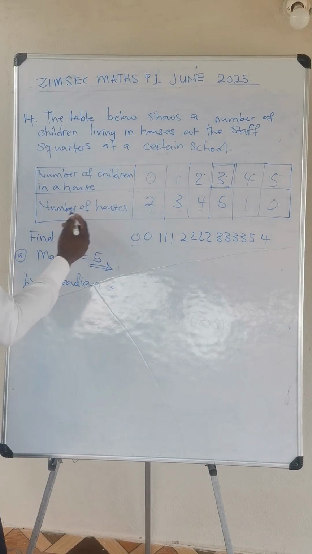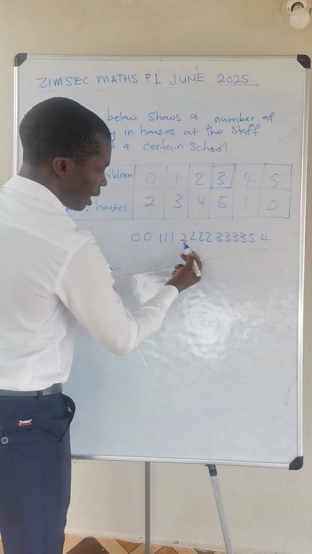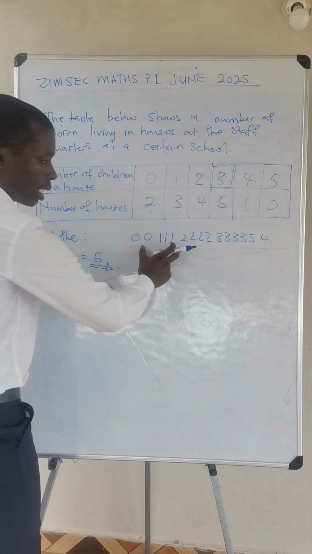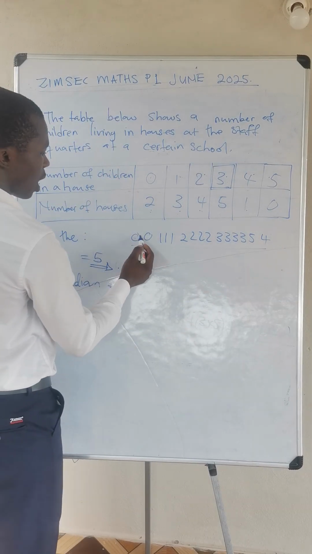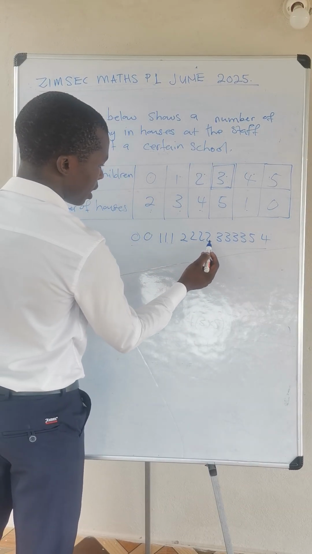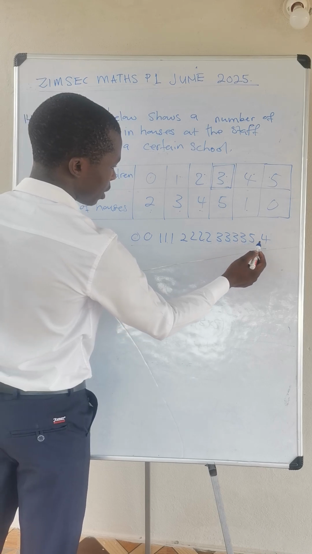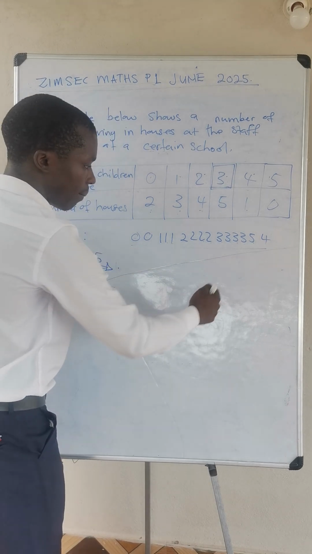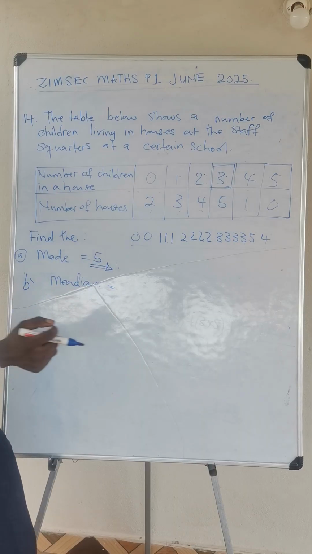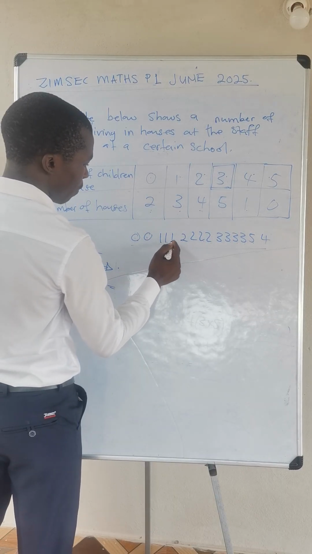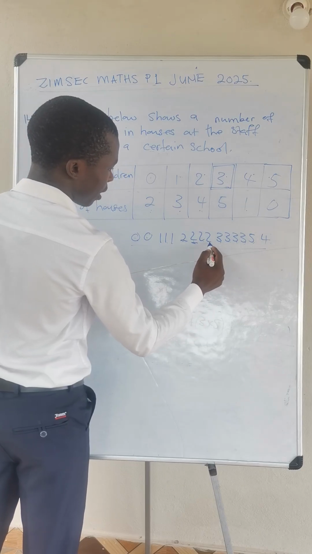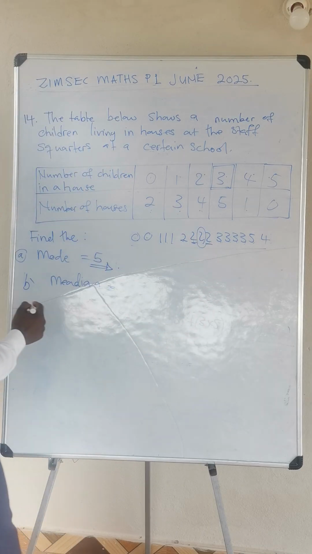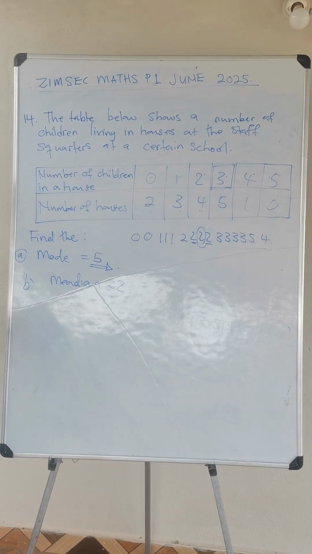After that, we are to find the number that is at the middle of this data. So here 1 2 3 4 5 6 7 8 9 10 11 12 13 14 15. We have 15 numbers here. So the number that is at the middle, 1 2 3 4 5 6 7, 1 2 3 4 5 6 7. So our median is equal to 2.